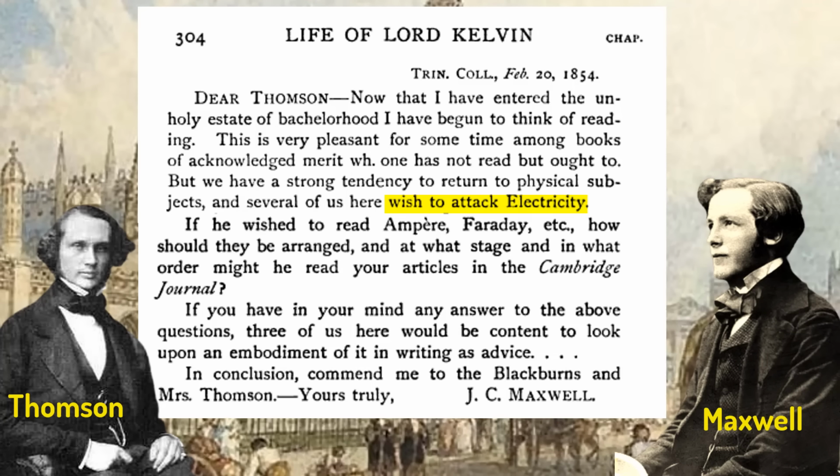Specifically, Maxwell wanted to know if he should begin with Faraday, who used no mathematics, or with people that Faraday seemed to be in conflict with, like Ampere, who were math-based. Thomson then told Maxwell that Faraday was not in any way in conflict with the other scientists, and that he should start with Faraday.